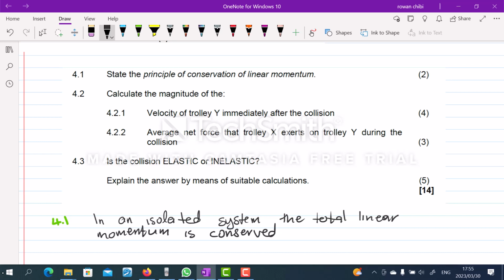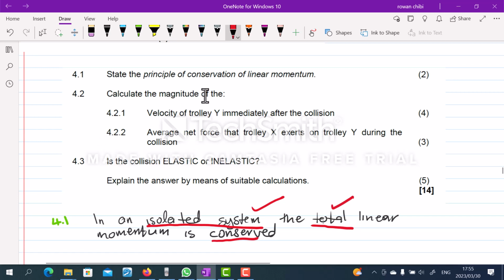So there are a few words here that are very important. The first one is in an isolated system, the total linear momentum is conserved. So they will give you 2 marks for mentioning these words.